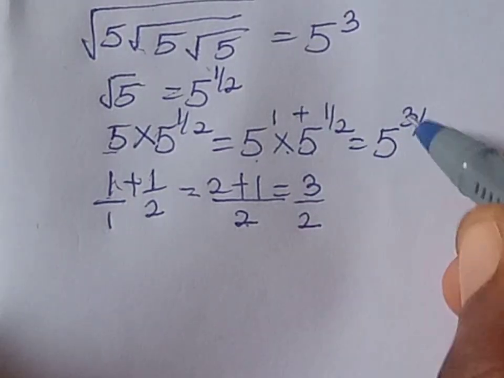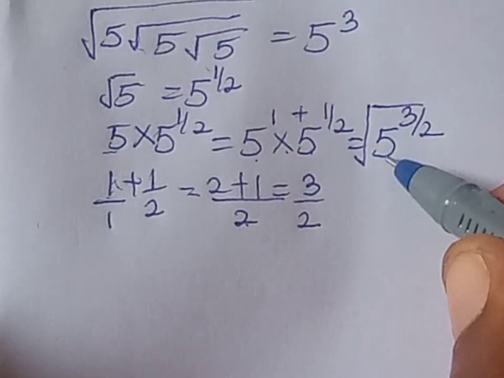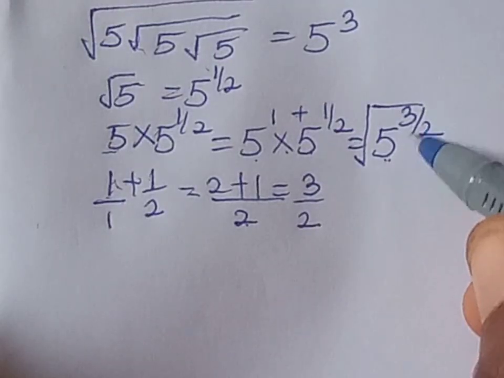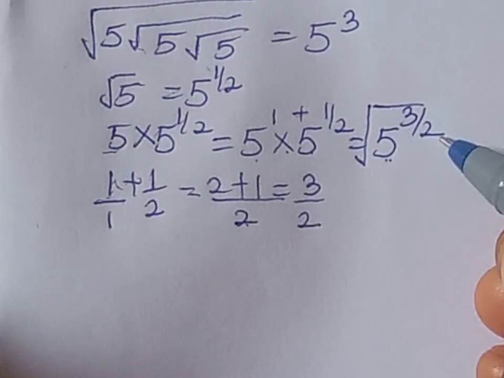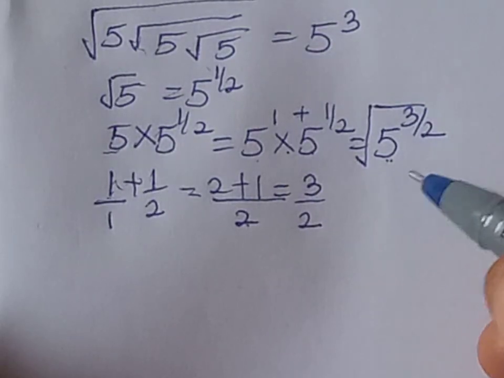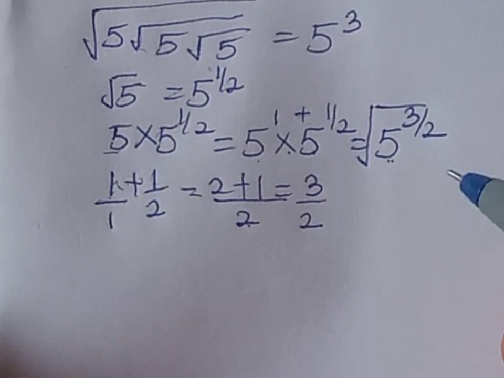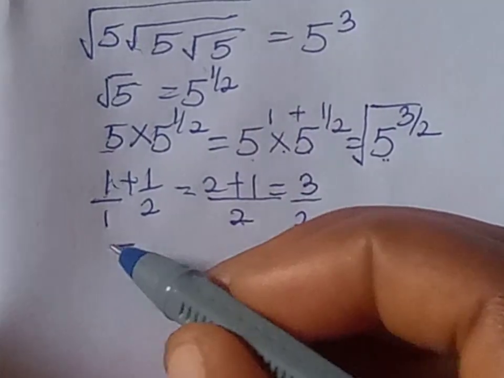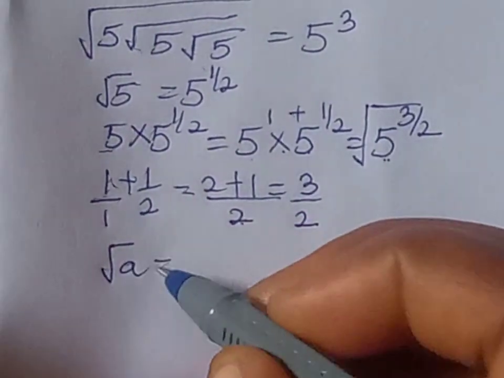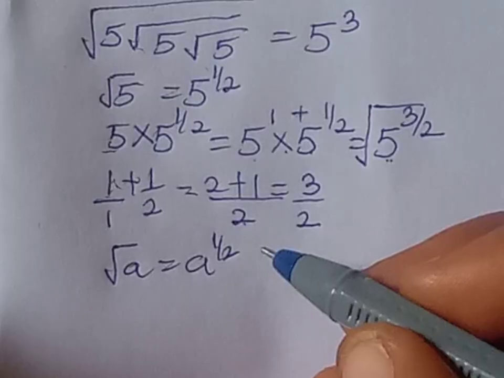Now let's take the square root. So we have this as square root of 5 raised to the power of 3 over 2. Remember that taking a square root is the same thing as raising something to the power of half, which means square root of a equals a raised to the power of half, or 1 over 2.